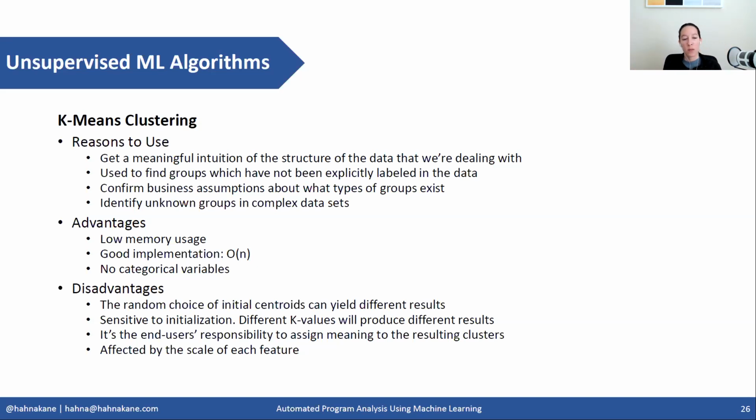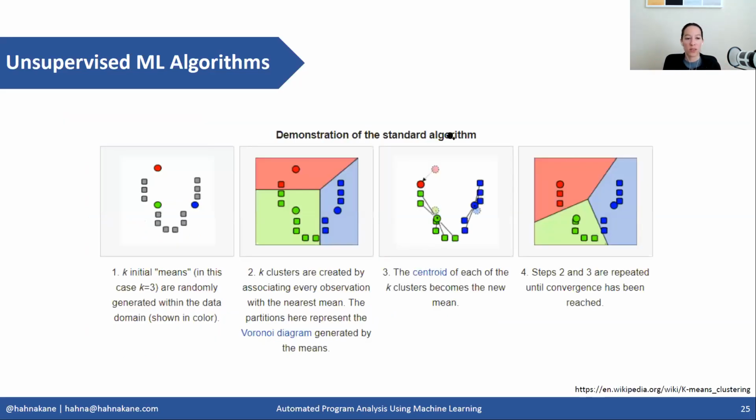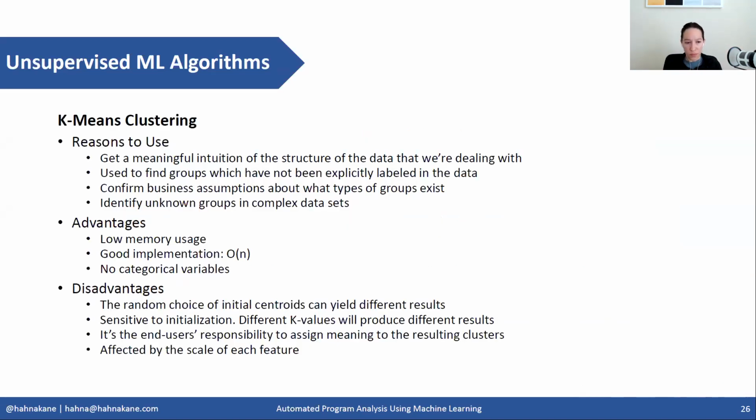Disadvantages: given the random choice of your initial centroids, this can definitely yield different results, right? So it's very sensitive to its initialization, and different K values will produce different clusters. So instead of having 3, what would it look like if we had set K initially to the value 4? How would those data points be arranged or clustered into 4 groups?